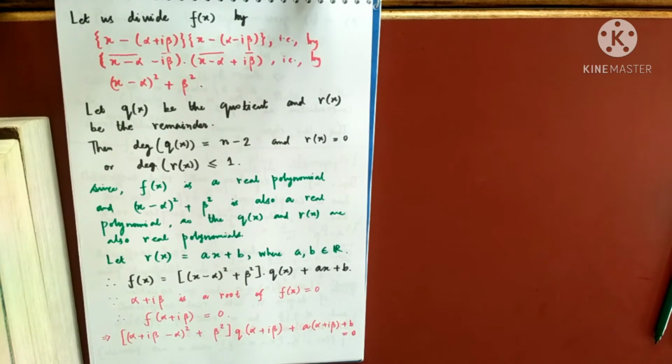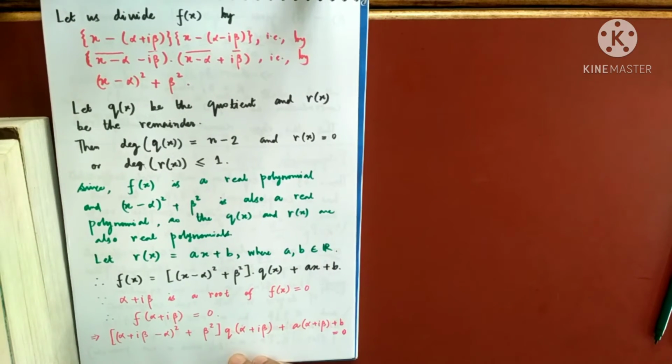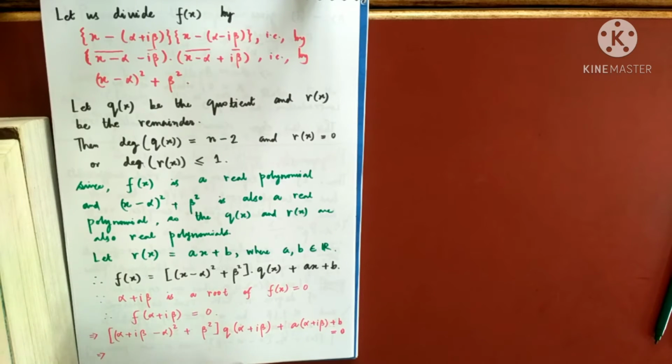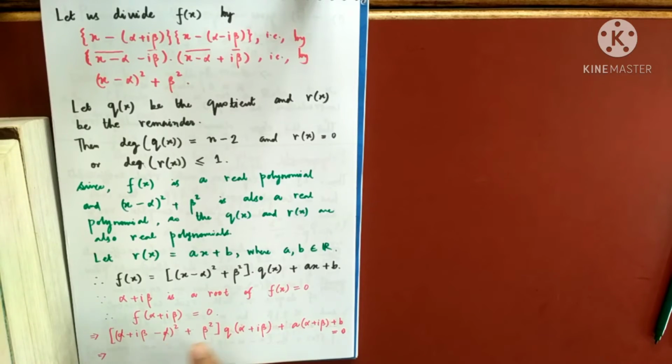Now, I have just placed here x to be alpha plus i beta. So you see, this alpha and this alpha get cancelled. So i beta whole square. What is i beta whole square? It is i square beta square. What is i square? Minus 1. So this is minus beta square plus beta square.